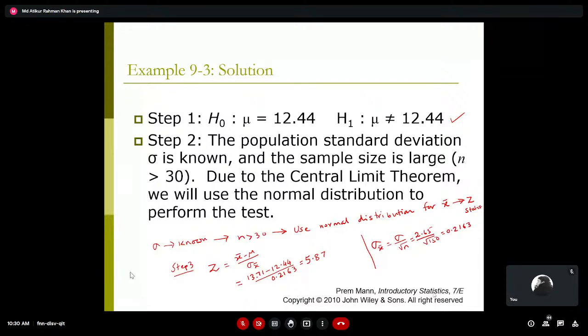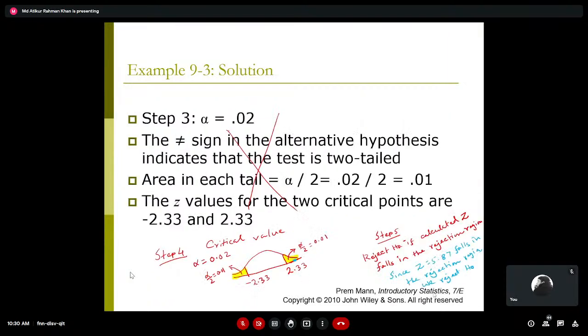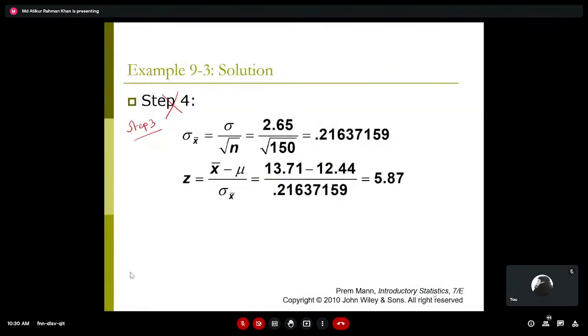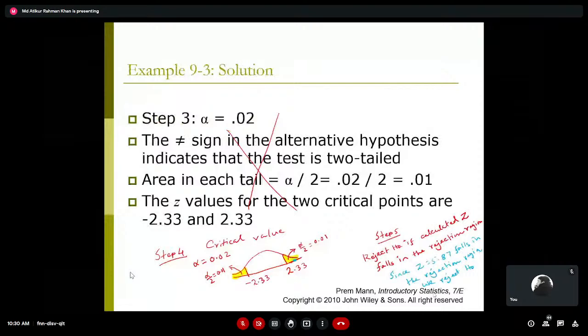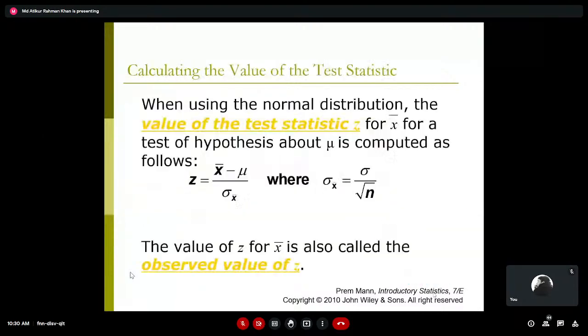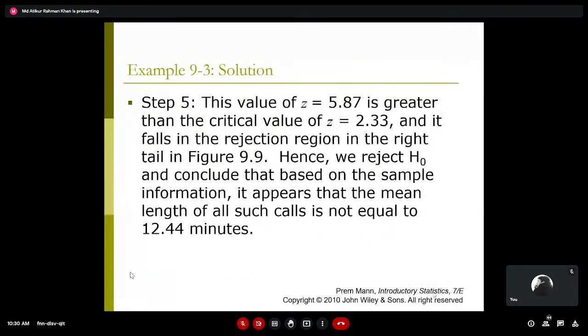Then what does the alternative say? Different from 12.44. So just write your conclusion here in step 6: hence, we reject the null hypothesis and conclude that the mean is different from 12.44. That makes your step 6.